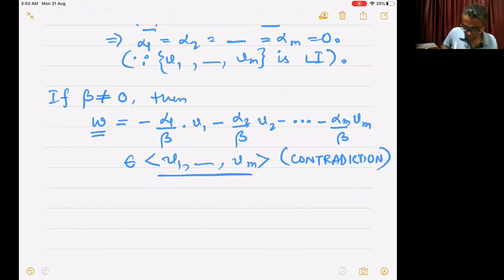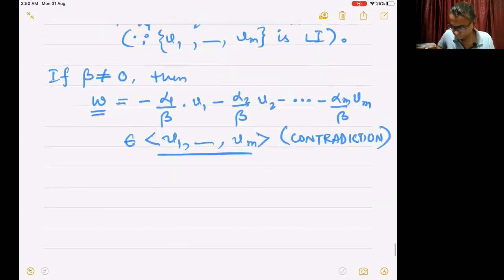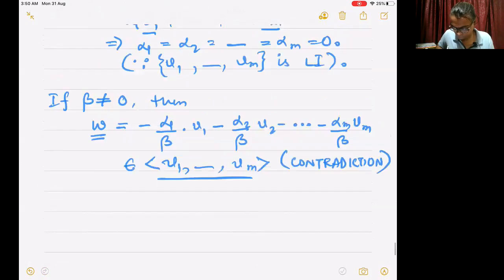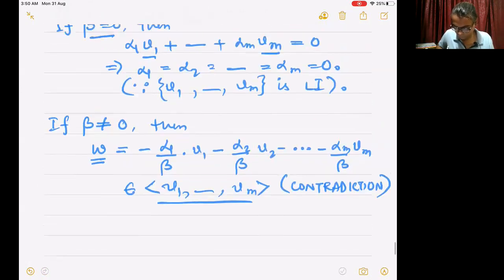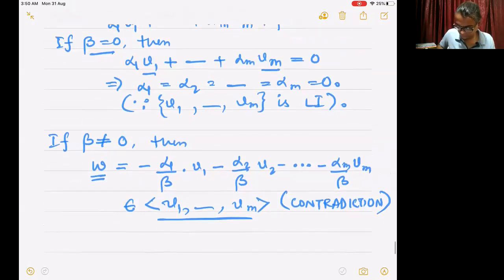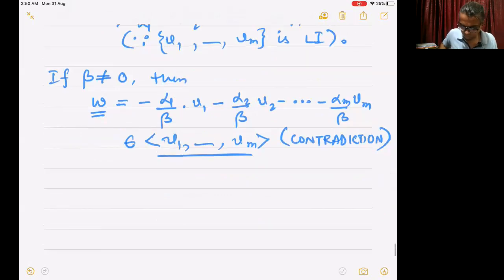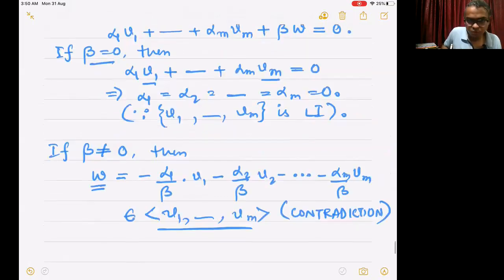Yeah, so therefore, right. So W belongs to this. This is a contradiction. So therefore, what we had assumed is not okay. So that means beta has to be equal to 0, and then all the alphas must also be 0 in that case.